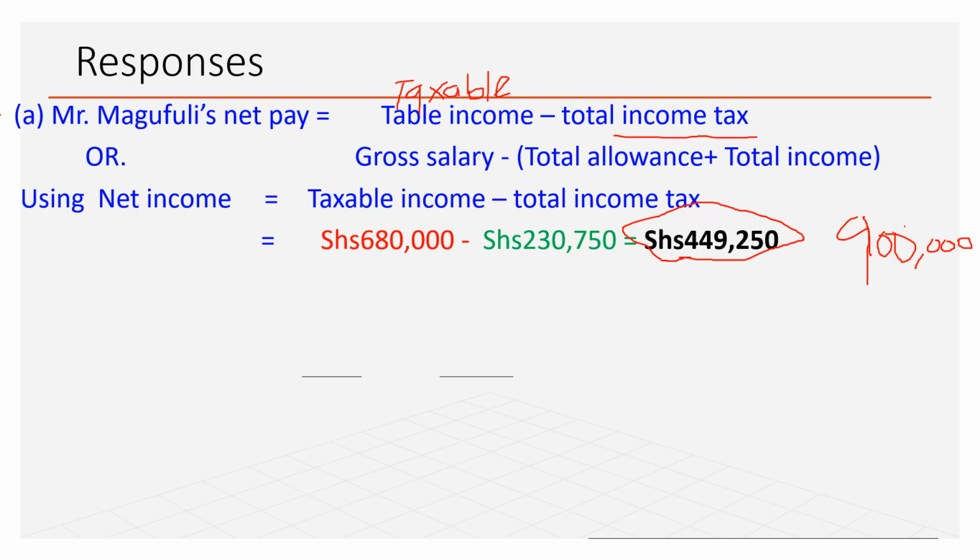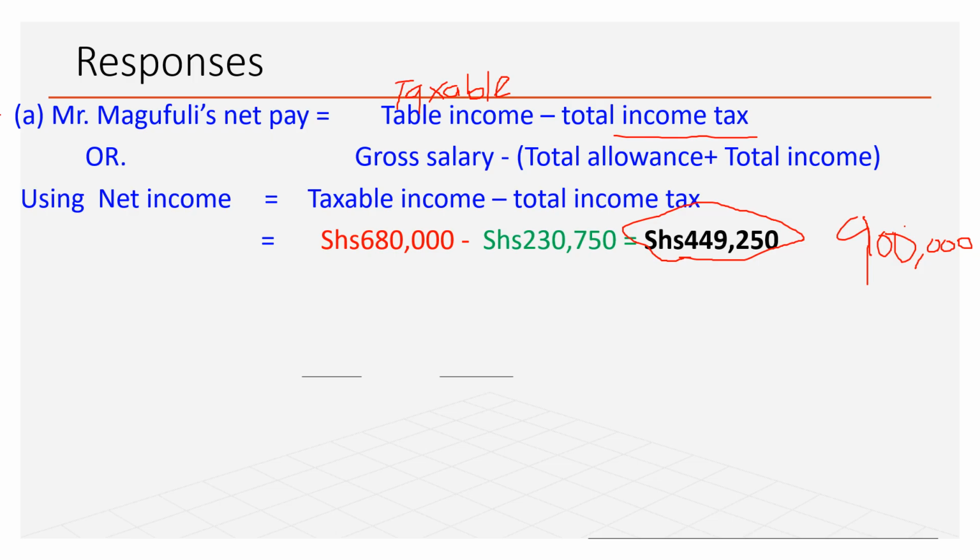A person who may not have this knowledge at first may not believe that the 900,000 gross salary is dropping to 449,250 shillings, unless you explain. So, to settle the argument in the home, as the wife threatened to divorce, as a student of mathematics you are called upon to help explain.